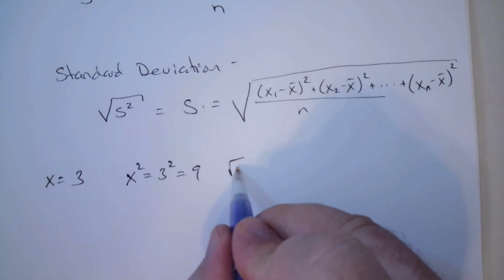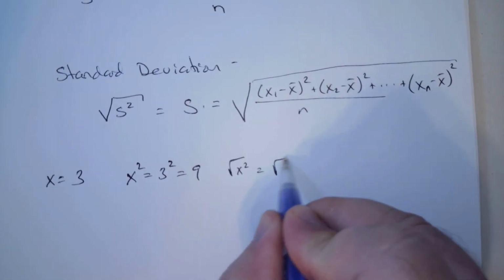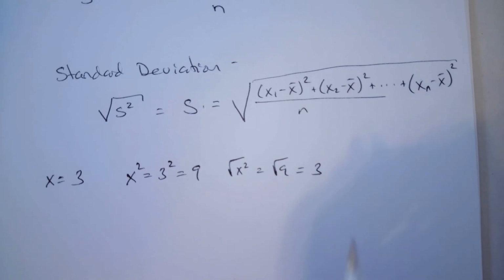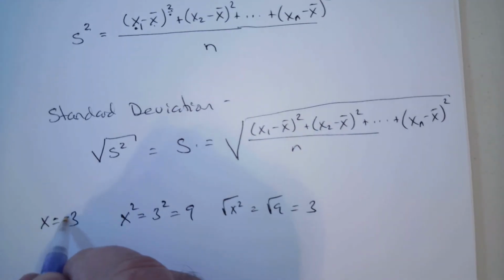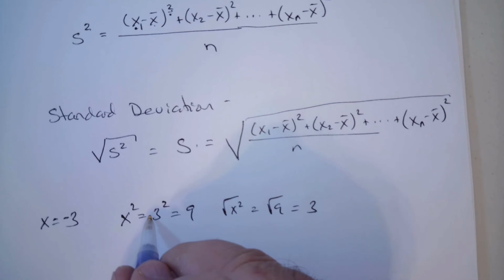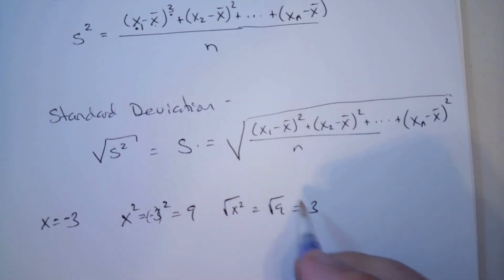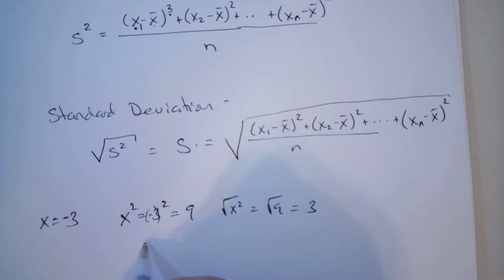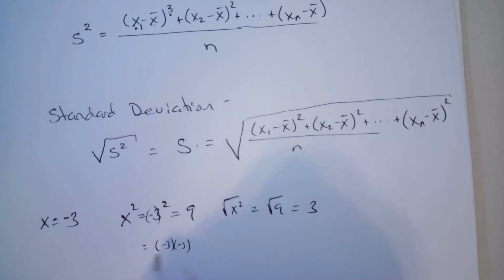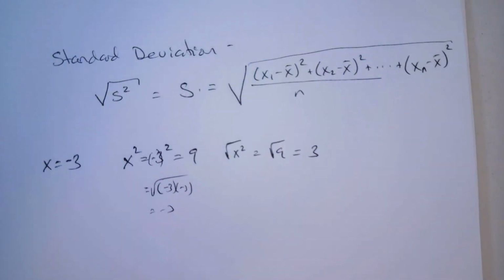But if I square root it, I get back down to the smaller numbers. So that's what's happening here. This one here gets rid of the negatives. So negative 3 squared is 9. But when I square root it, I can go back, because this is negative 3 times negative 3. Square root of that is just negative 3, even though you're not supposed to square root negatives.